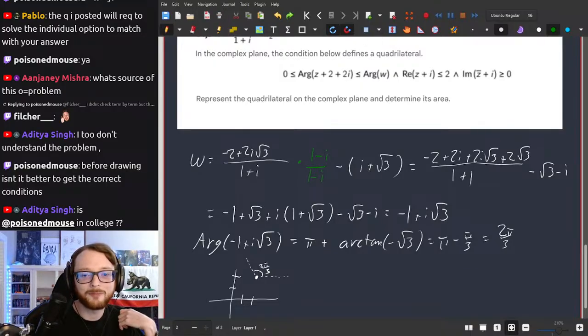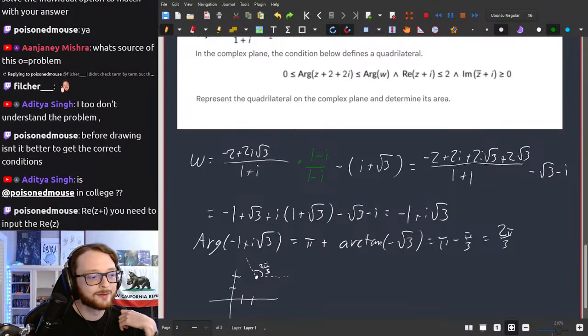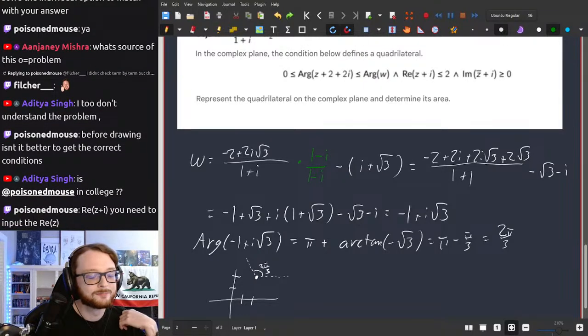I'm thinking about the conditions right now, Mouse. It's just saying that x is less than or equal to 2.